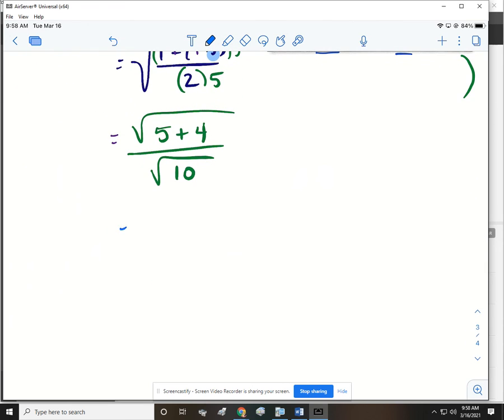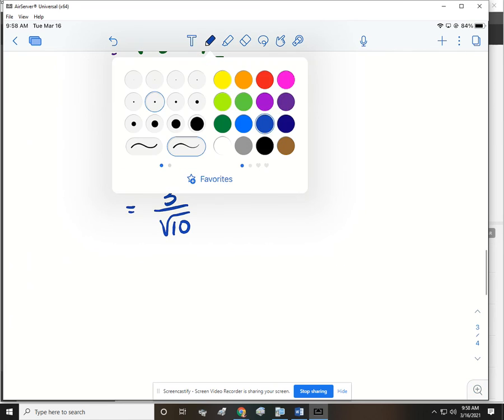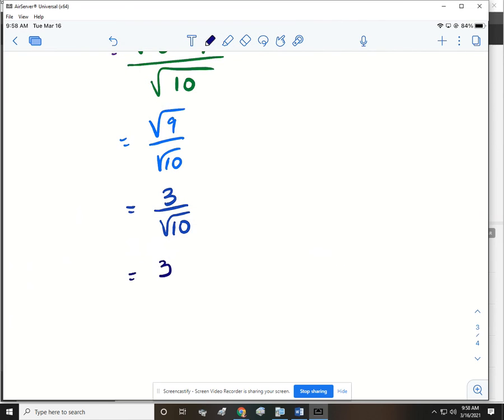And then that gives us the square root of 9 over the square root of 10. The square root of 9 is just 3. And then that's going to simplify to 3 square root of 10 over 10. That is the sine of half of U.